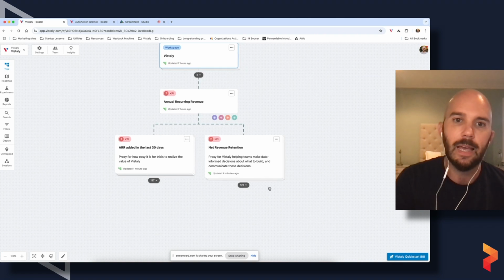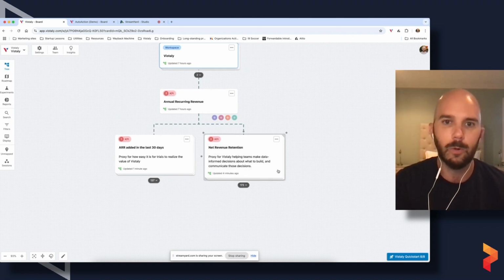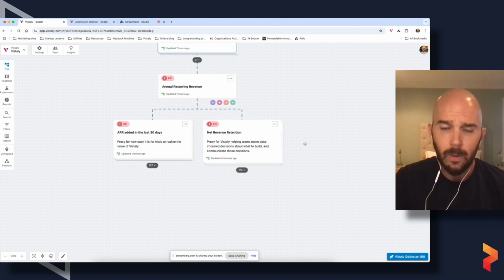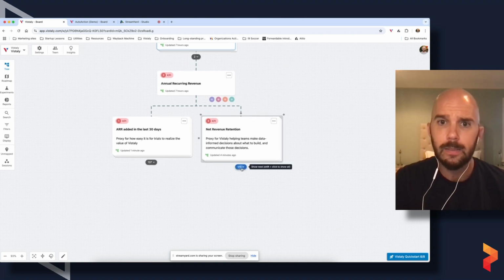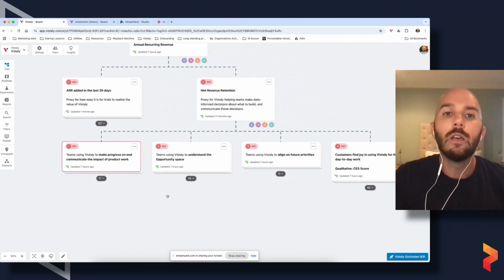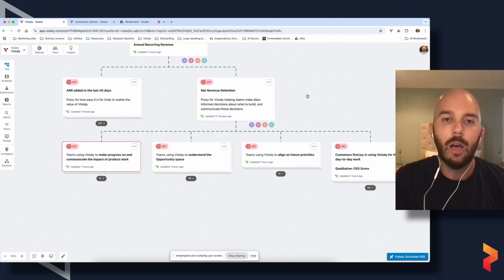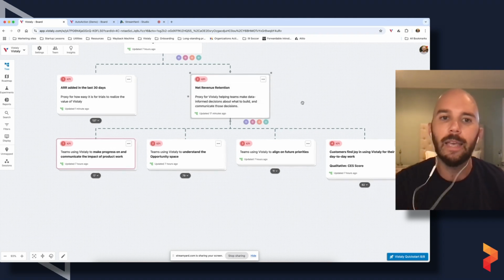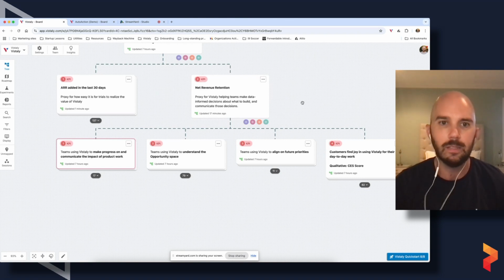And so if you get tasked with something like, hey, we really want to work on churn, you need to think about what the inputs into churn are for your customers. The way we think about it is, for us, churn is a function of how well our customers are able to get the value out of Vistaly that we say we're for.